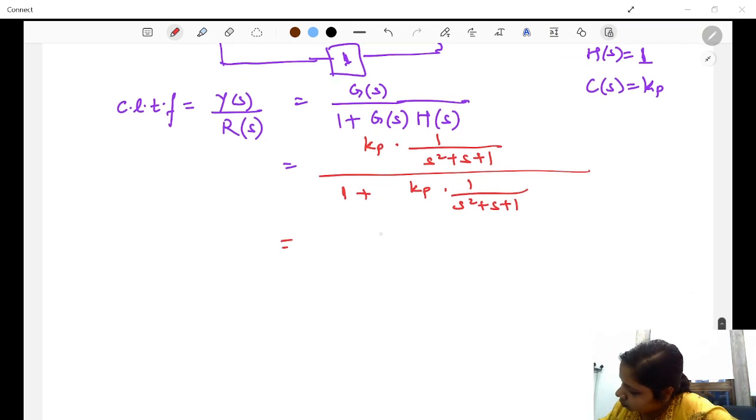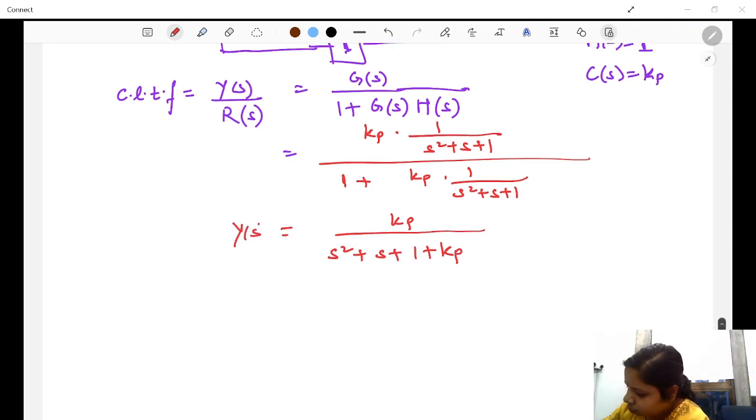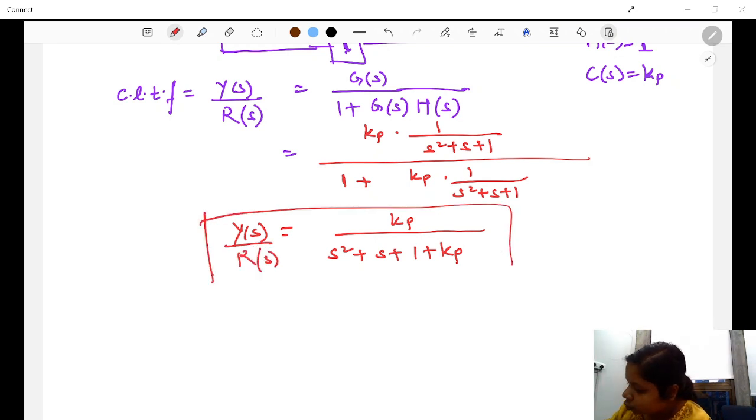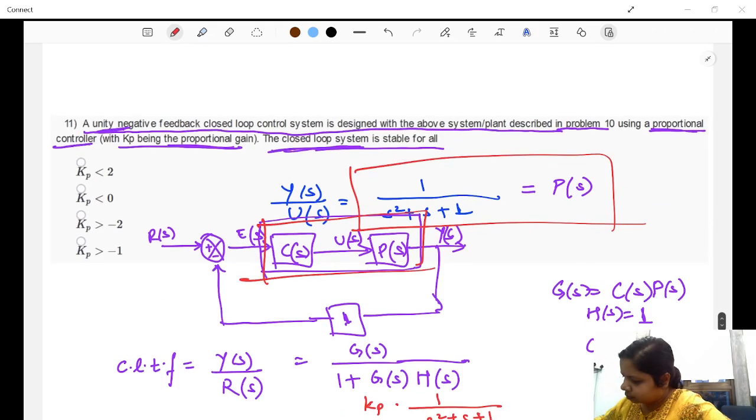When you try to solve this, what you'll get is Kp upon s square plus s plus 1 plus Kp. So this is the closed loop transfer function that you've got. Once you've got this, we want to see how we can ensure the stability of the system. The closed loop system is stable for what?